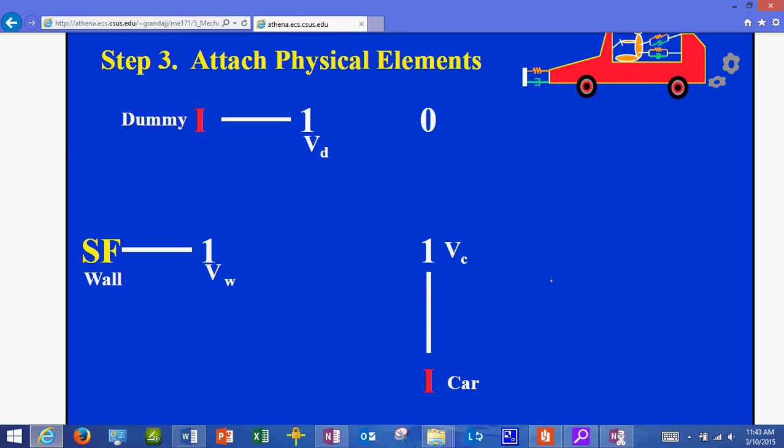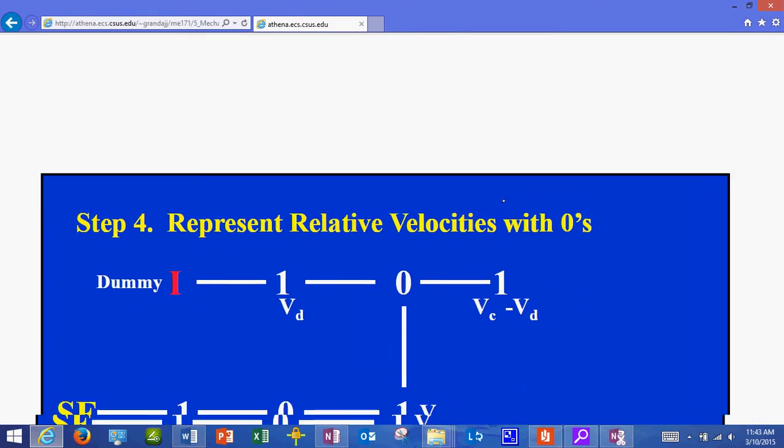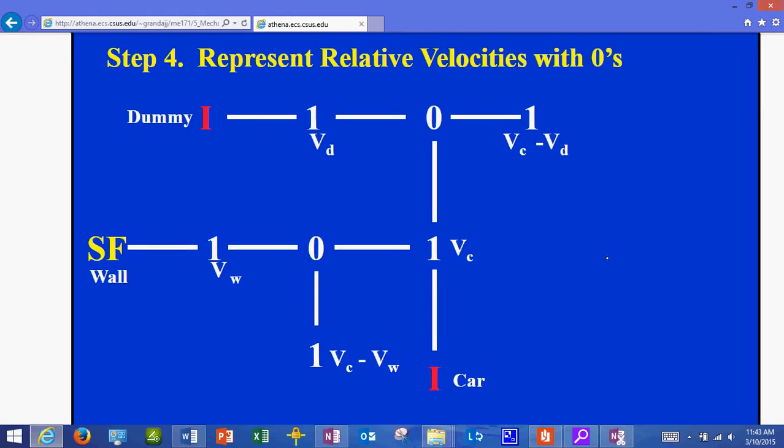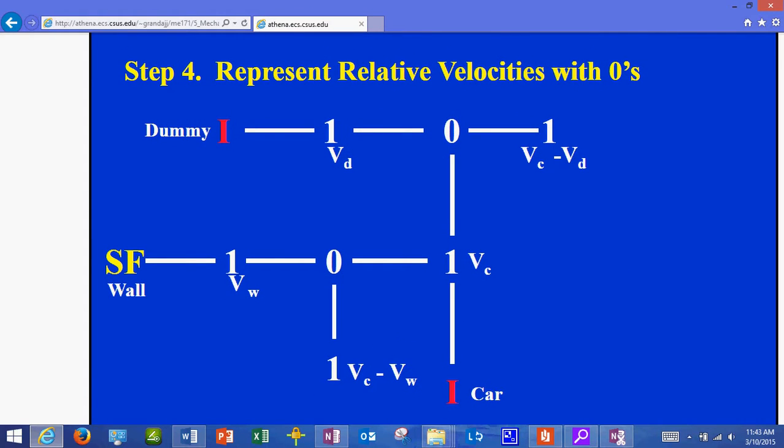And next we are going to do the velocities, the relative velocities in there. In fact, if you look at this thing here, what will happen is you have the velocity of the car minus the velocity of the wall is what this is. And the velocity of the car minus the velocity of the dummy is what the seat belt is.